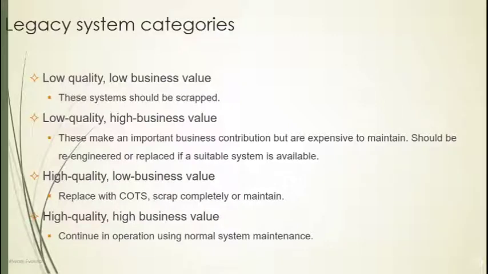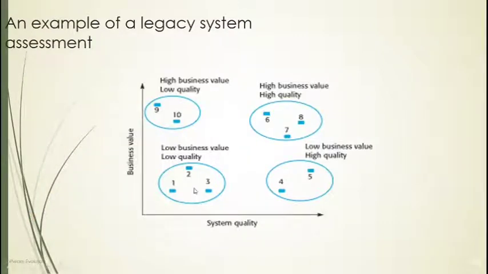If the system has low quality and low business value, then it should be scrapped easily. This is what they have mapped on a graph, from 1 to 10, so they are clustered into those categories.